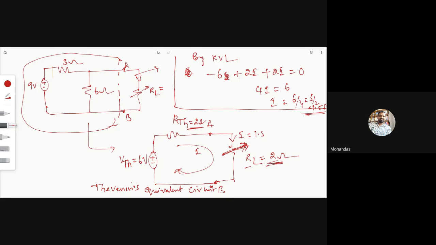So I equal to 1.5 amperes. That is the current flowing through the 2 ohm resistor. Okay? Note down this.